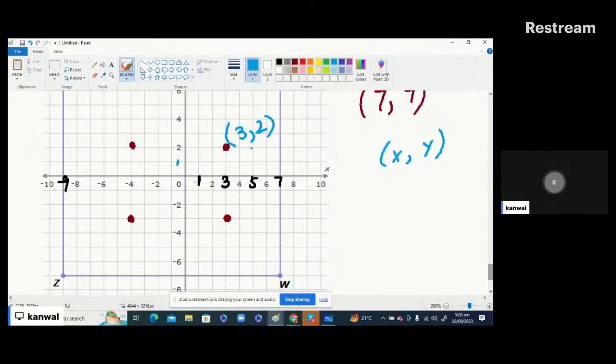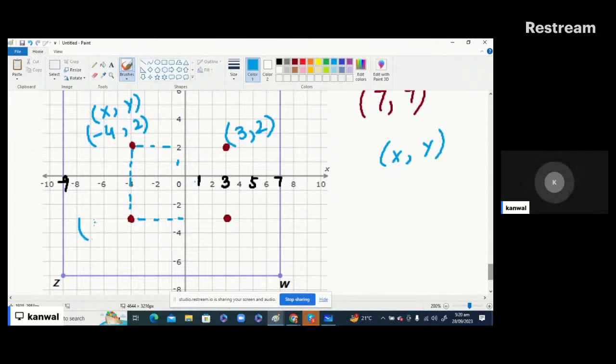Got it? Now if you're going to draw for that, what is this point? That is first always the x-axis, then the y-axis. So for the x-axis that would be minus 4, and for the y-axis that is 2. Now look at that point.